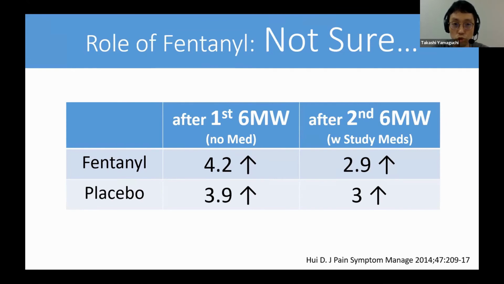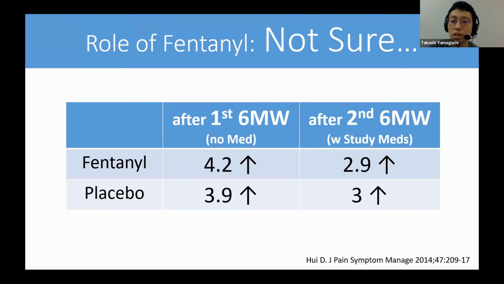So in the fentanyl group, after the 6 minute walk test, the dyspnea NRS increased to 2.5 on average. On the other hand, the placebo group increased to 3 in NRS after the 6 minute walk test. So numerically, there is not so much difference between the two groups.